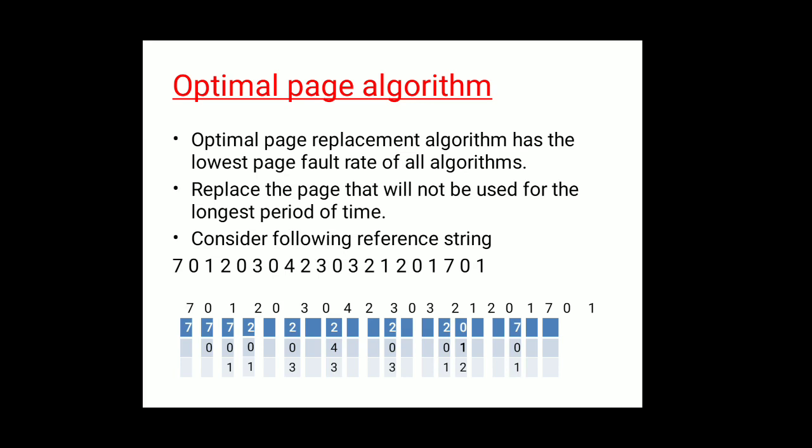Now coming to the next one, that is the optimal page replacement algorithm. We can say that this optimal page replacement algorithm has got the lowest page fault rate when compared to other algorithms.